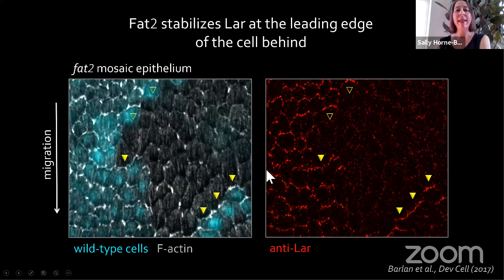By contrast, if you have FAT2 mutant cells migrating behind wild type cells, the mutant cells can localize LAR just fine. So what we have is a situation where FAT2 sits at the trailing edge of the cell, it reaches out and stabilizes LAR in the leading edge of that cell behind it.